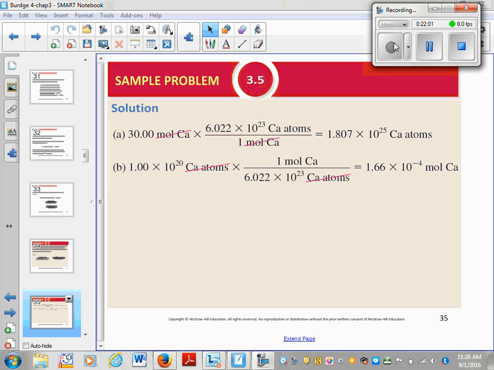The whole thing of stoichiometry is figuring out where you're starting, where you're ending, and then following the streets and doing what the streets tell you to do. So if you look at the roadmap, we can go from particles of A to moles of A, moles of A to grams of A, moles of A to moles of B, moles of B to grams of B, grams of B to moles of B, particles of B. So we can go all over the place.